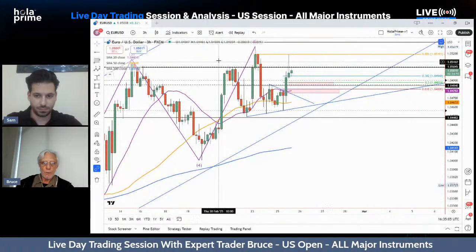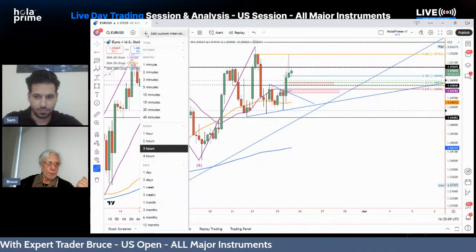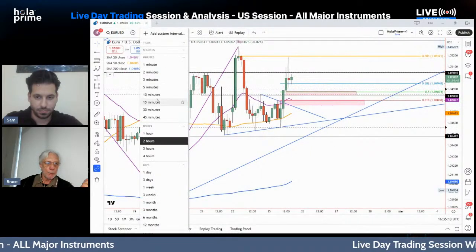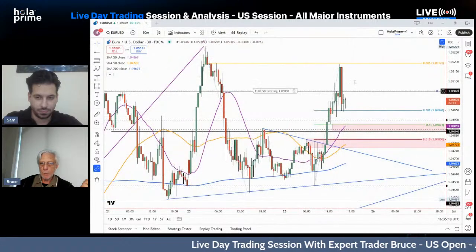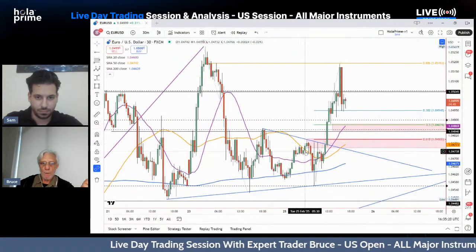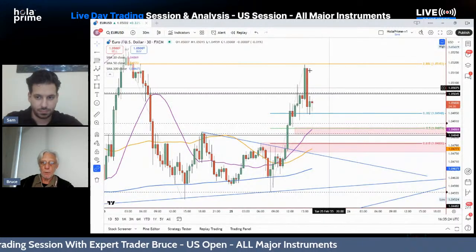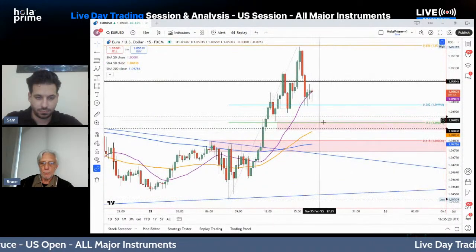So let's just look at one other scenario here on a shorter time frame. We'll look at the 30-minute, because some of you may want to short this. So if you wanted to short this, then you'd be looking for a bounce up into this range somewhere and a setup for a short.